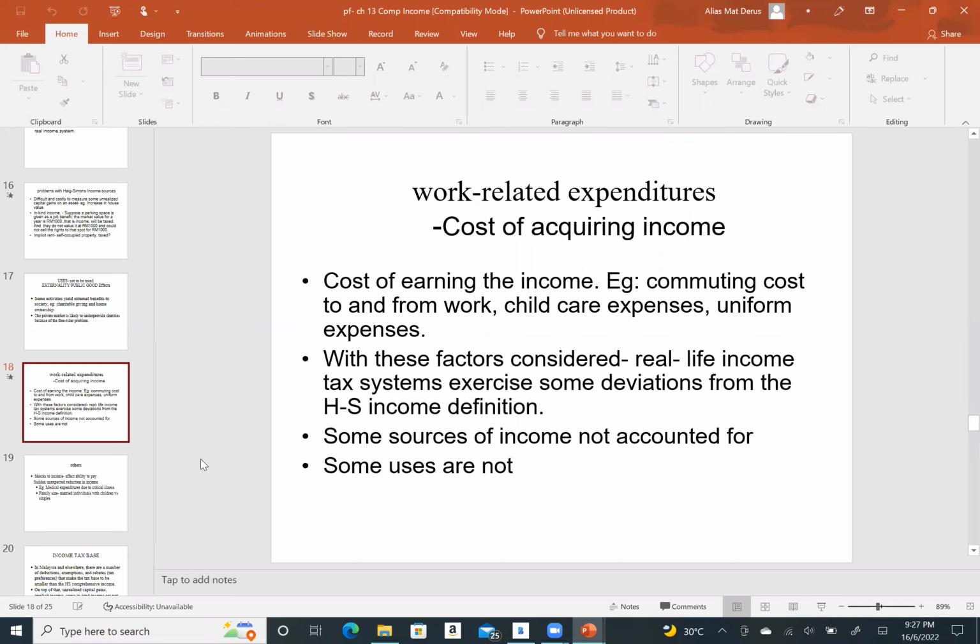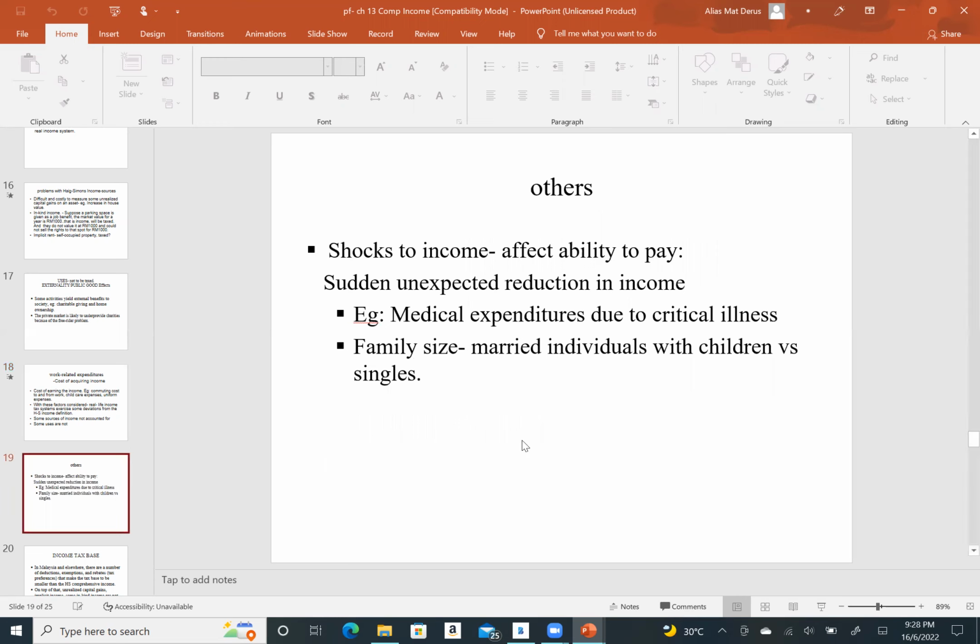So these are some uses of income that may not be included in the total income on which we are taxed. So far, good. There are two things, and there are of course some others.